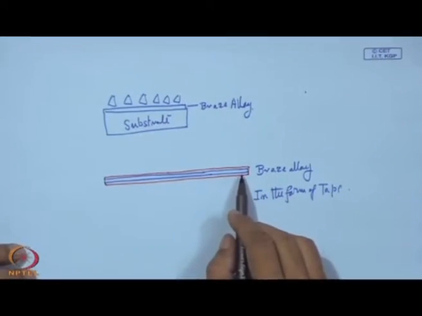This has to be prepared. When the braze alloy is plastic bonded, this plastic should not interfere with the braze alloy during melting, when it is becoming almost like a liquid. This plastic also should not be a source of oxidation, and it should not affect the wetting characteristics of this alloy.